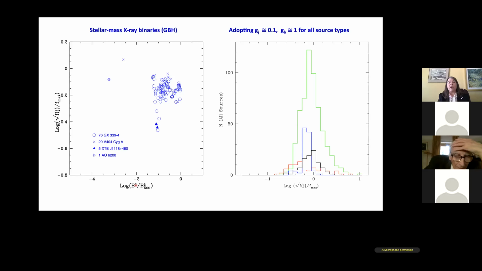The value of B squared over B_Edd squared is putting it over with this other cluster of data points. So it might be that these 2 points, one for A0620-00 shown here and one for V404 Cyg A, is sort of an entry or exit point when the accretion disk is still radiating the radio and the X-ray required to get these data points, and is either just turning on or just turning off, might be one possibility.